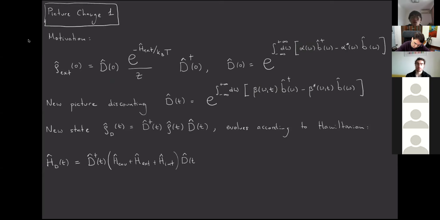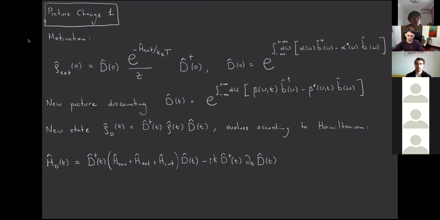So we apply the transformation, and then we have an extra term that comes from derivatives of the unitary transformation operator, which is this thing here.